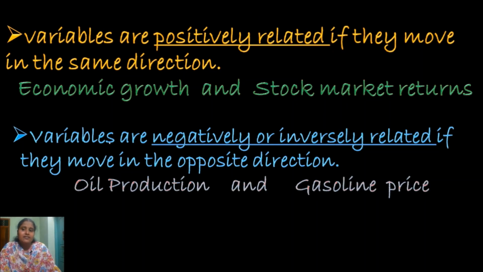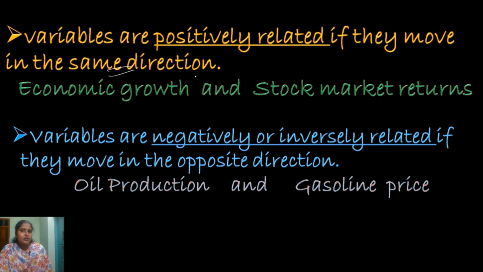Since we are dealing with variables, you should know when we say the variables are positively related or negatively related to each other. Variables are positively related if they move in the same direction. Here I take economic growth and stock market return as two variables.